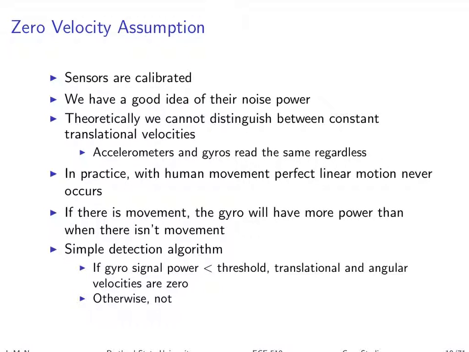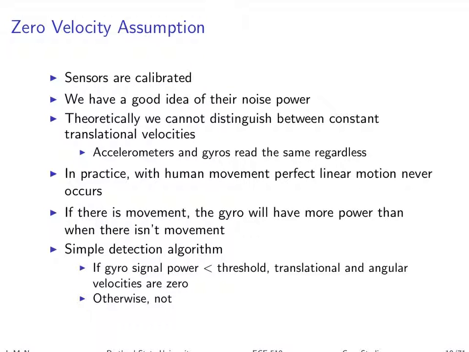But in most of the applications that I work on, we're tracking human movement, and humans never move with linear translational velocity. We've got joints, and it's really hard to move in a straight line, so it never happens naturally. Certainly didn't happen in the way that I was moving this thing on the table when I made this recording.